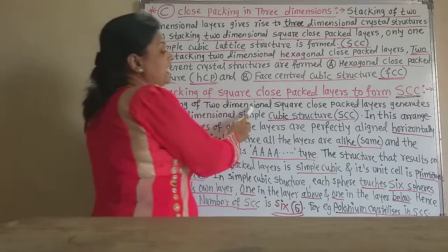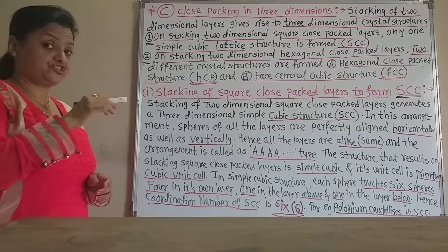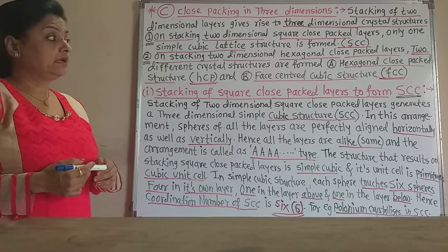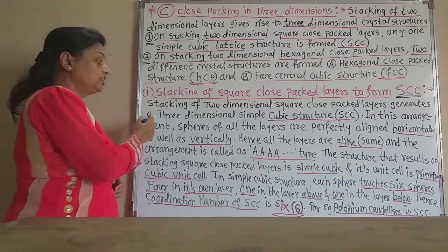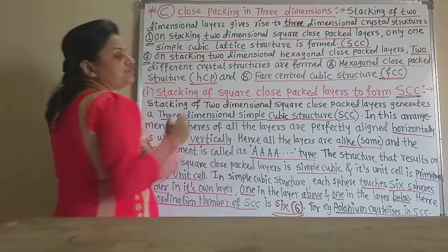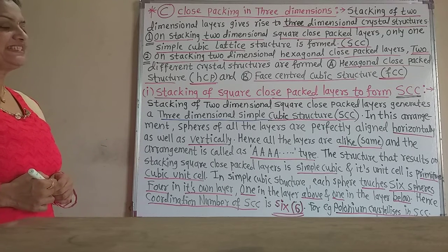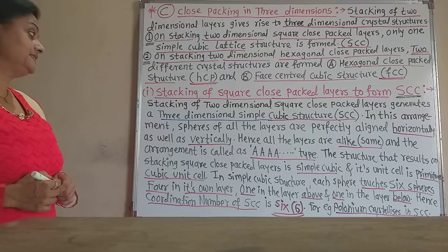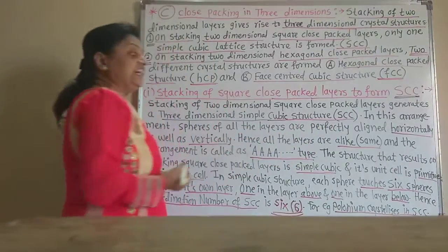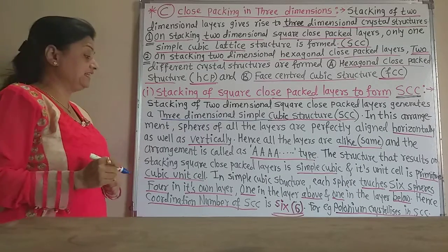Stacking of the two-dimensional square close packed layers generates a three-dimensional simple cubic structure, simple cubic crystal, SCC. In this arrangement, spheres of all the layers are perfectly aligned horizontally as well as vertically.